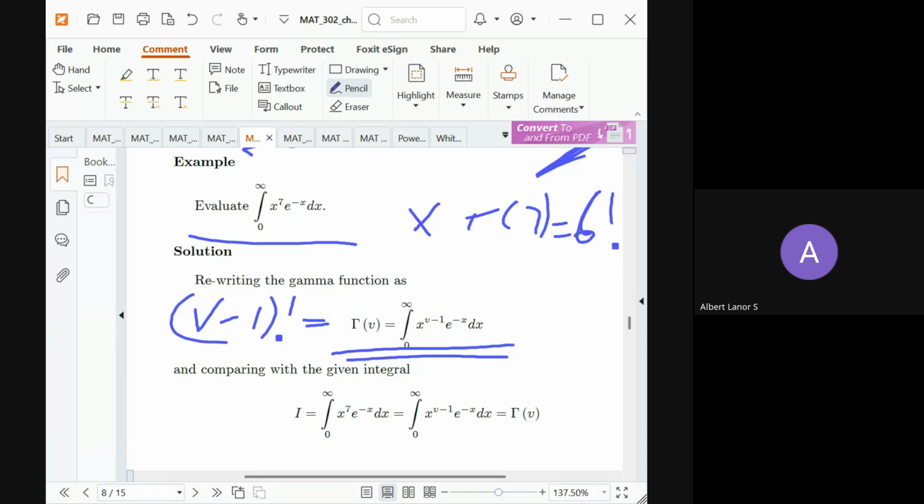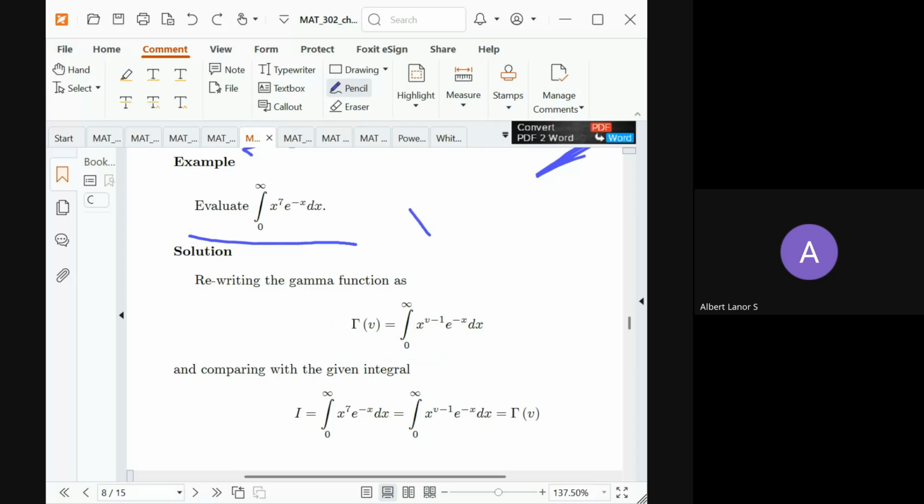So clearly, if you have the integral of x to the 7 e minus x dx, one of the ways to do it is to set the power of x, factorial, to be the value of the function. So this will be equal to 7 factorial. That is one way to do it. The other way is to express it as a gamma. So this one we can write as the integral of x to the power 8 minus 1 e minus x dx.